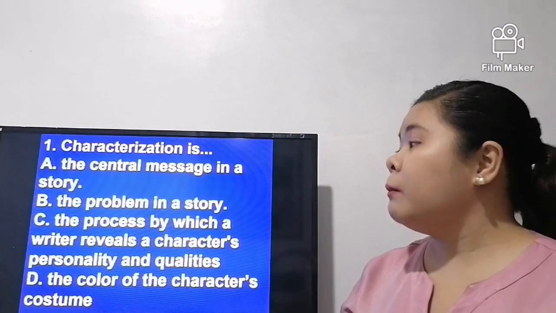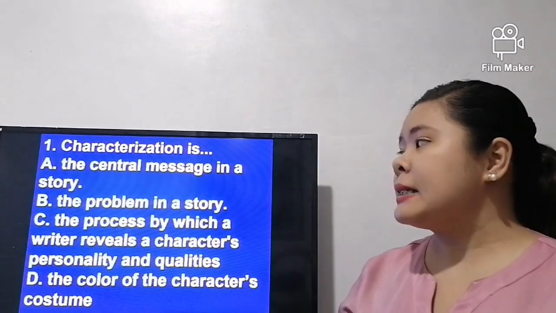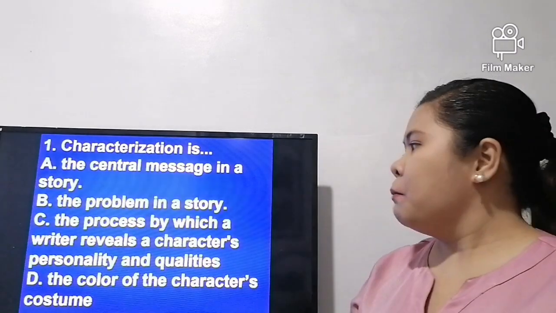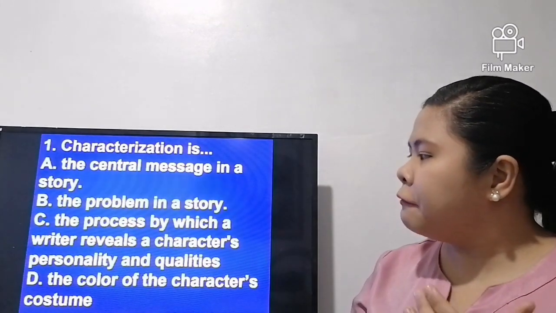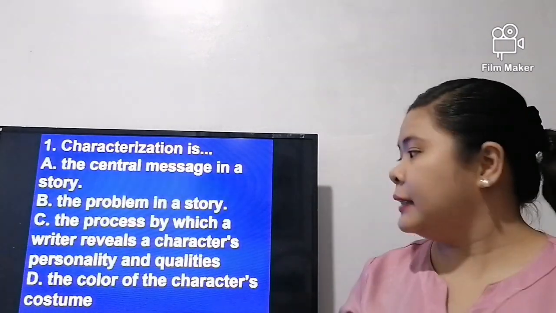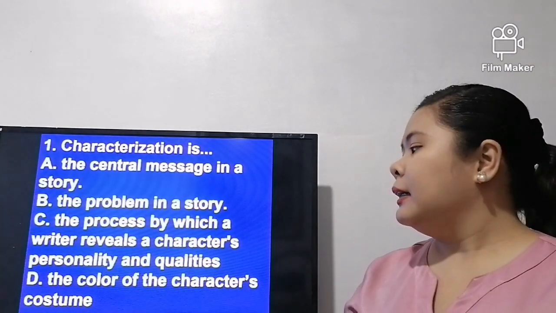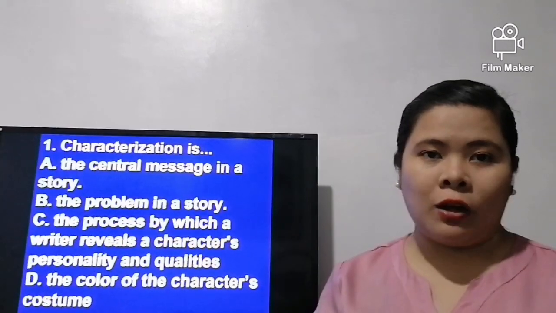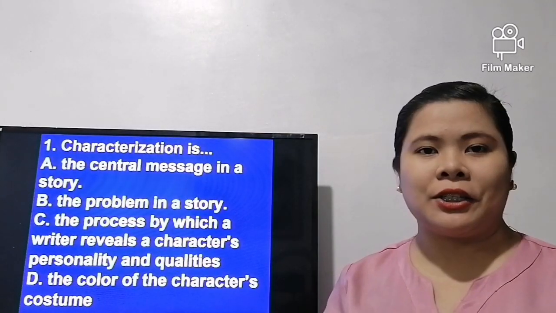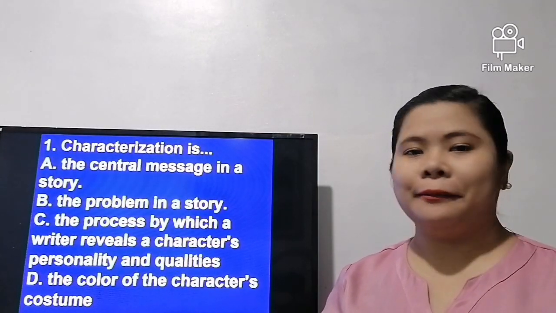B, the problem in a story. C, the process by which a writer reveals a character's personality and qualities. And D, the color of the character's costume. Your timer starts now. Letter only.